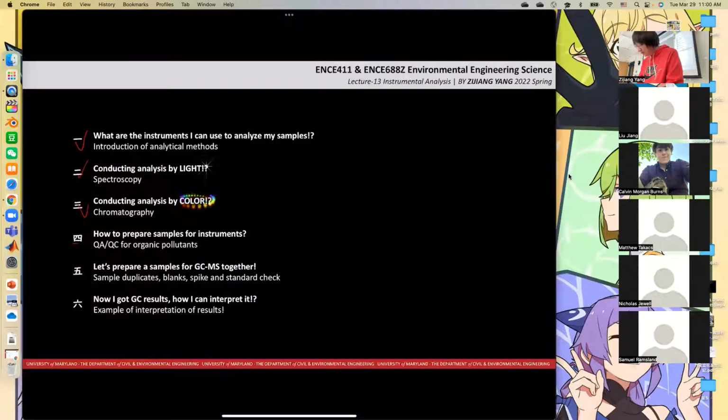And then I will talk more about how to prepare samples to satisfy the QA and QC requirements. And because this part is a little bit abstract, we are going to go through some examples. And these examples will also be shown in the homework assignment.